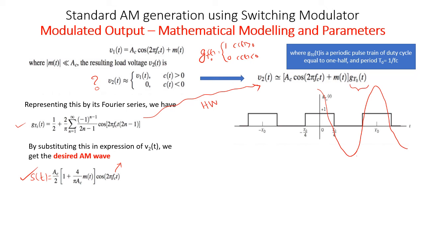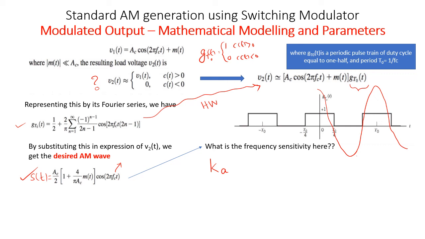Now that we have this expression of s of t, I want you to compare it with the standard AM time domain expression and tell me what the frequency sensitivity, what Ka, is here.